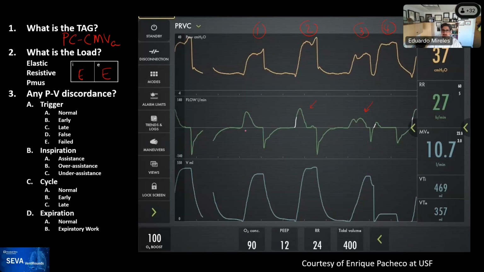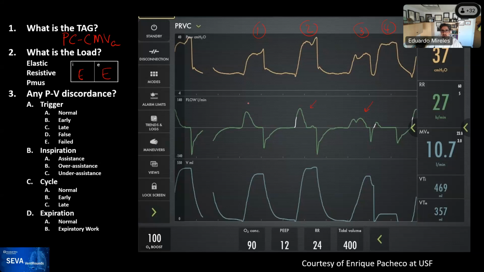The first one is passive, so we don't see any triggering, and there's no evident PMOS afterwards. What about number 2? Normal trigger, early trigger? Yeah, and what about 3? And remember, 4 is the result of 3, actually. So 3 is the early trigger that you guys have recognized.